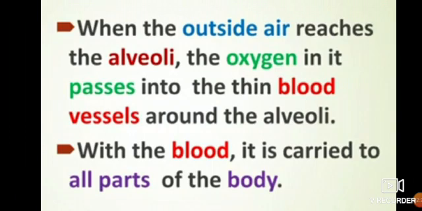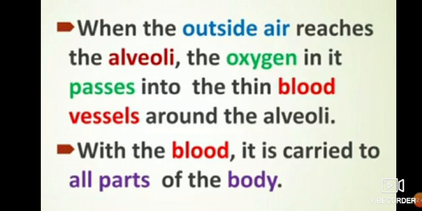So when outside air reaches the alveoli, the oxygen around the alveoli reaches into the blood vessels, and so alveoli is in contact with the blood vessels. Now we all know that blood is a liquid.